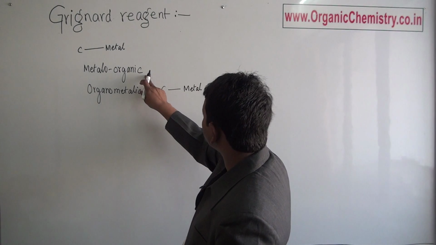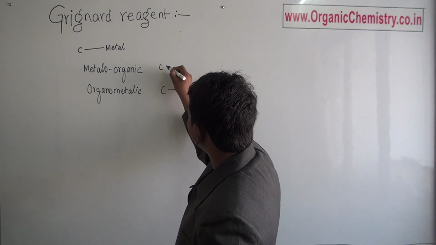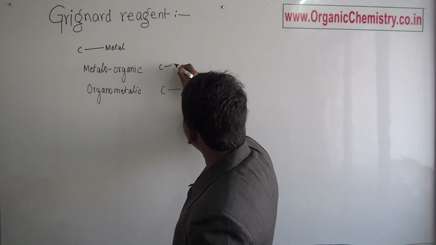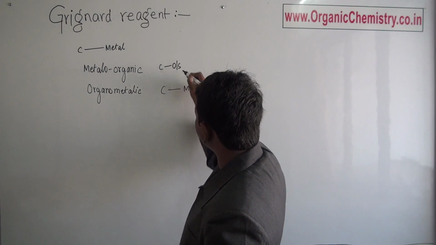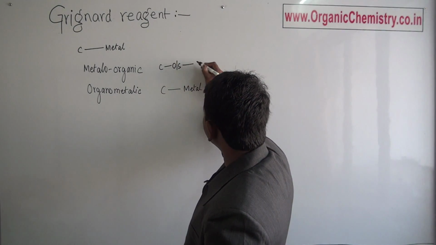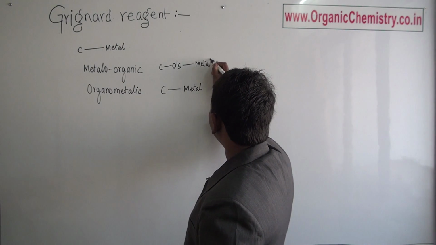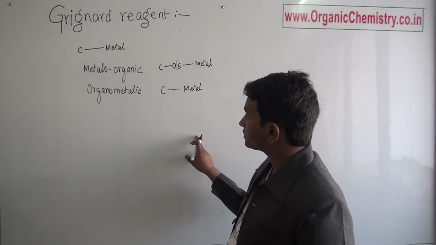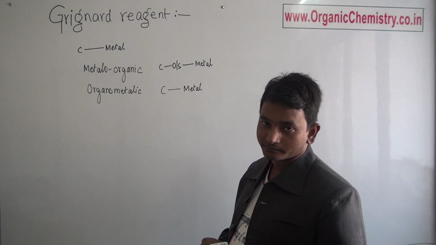But metallo-organic is organic in nature, but this carbon is attached with some non-metal such as oxygen or sulfur, and this electronegative atom is attached with metal. Such type of compound is called a metallo-organic compound.